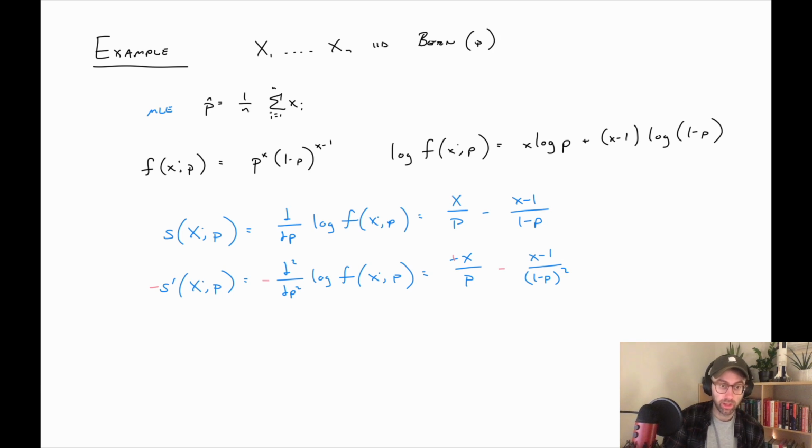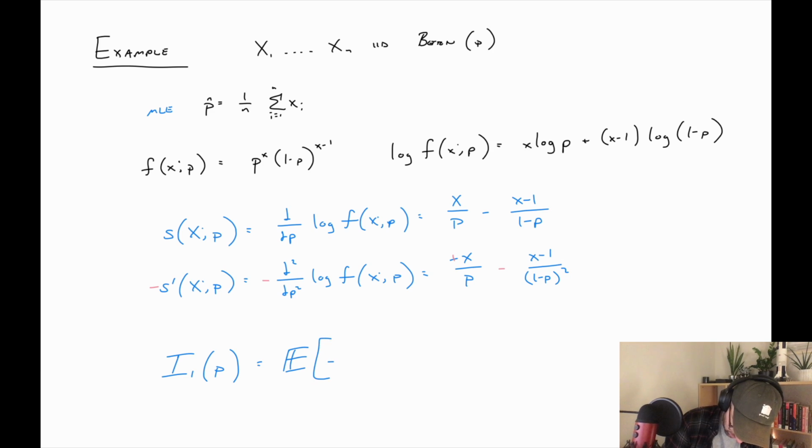So what I need to do then, to find the information of a single observation about p, is simply take the expected value of the negative derivative of the score function. And then, due to the linearity of expectation, the expected value of X here and the expected value of X here would both be p's.